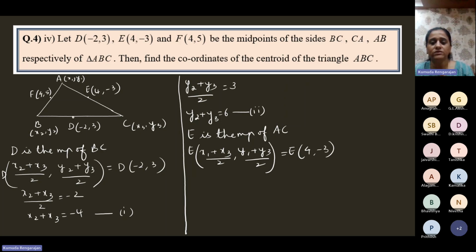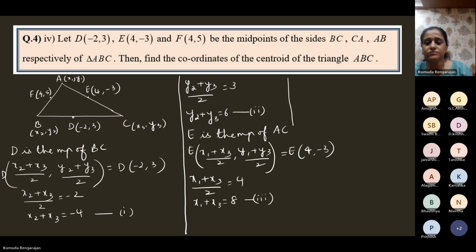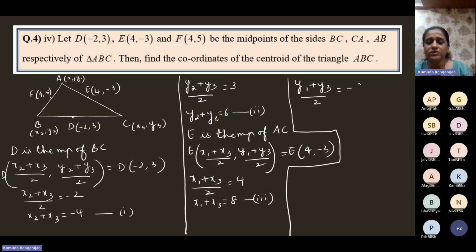So on equating, (X1 plus X3) by 2 is equal to 4. X1 plus X3 is equal to 8. Then (Y1 plus Y3) by 2 is equal to -3. Y1 plus Y3 is equal to -6.